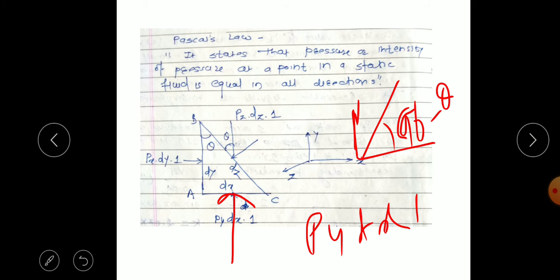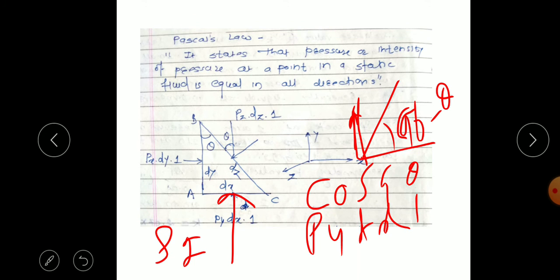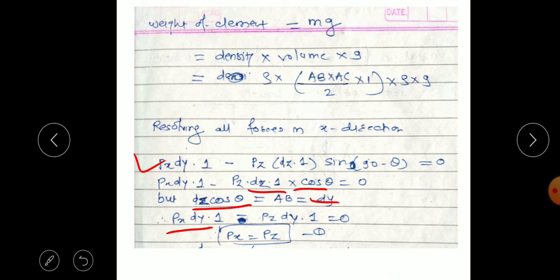So this vertical component will be cos 90 minus theta. Again, this fluid element has some weight. So weight is mg. So m we can write as rho into volume.